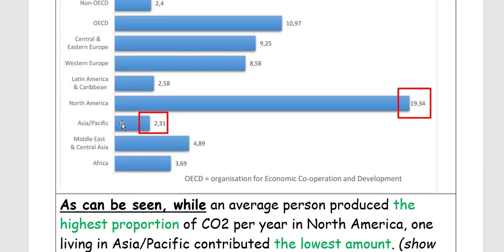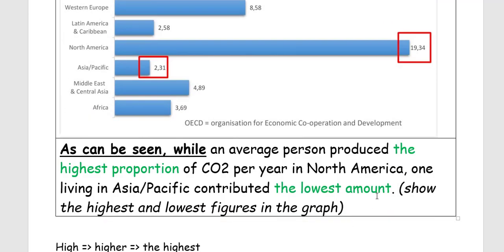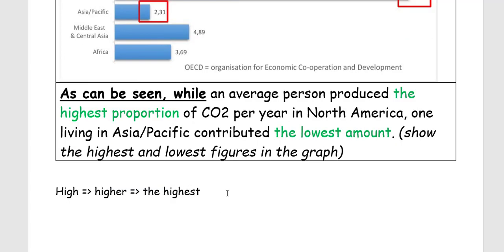Next, in North America, next, one, in this case, one means a person living in Asia and Pacific contributed the lowest amount. So again, here we have low, then lower, and the lowest.